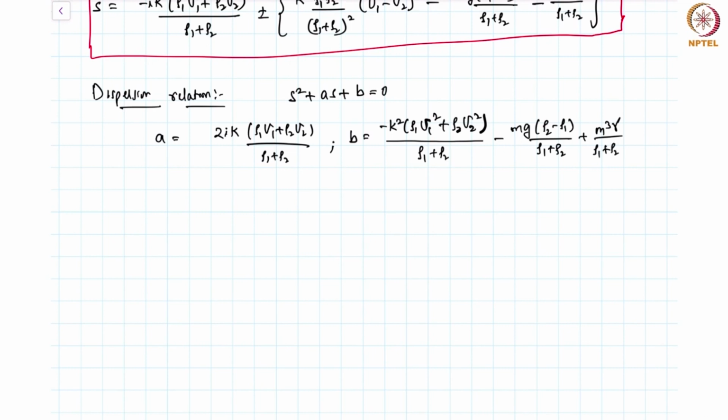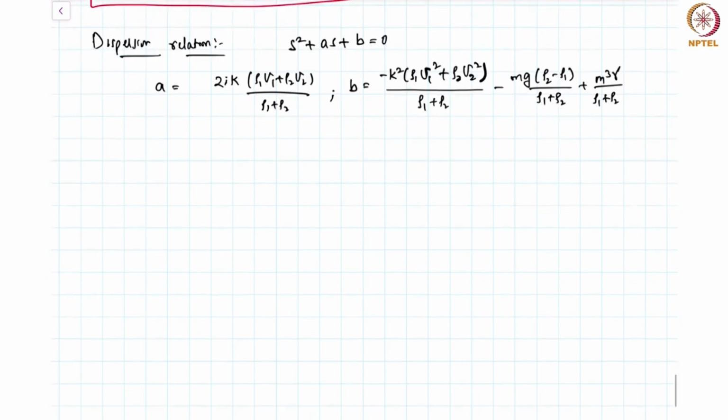This is what I have for the full dispersion relation, right?